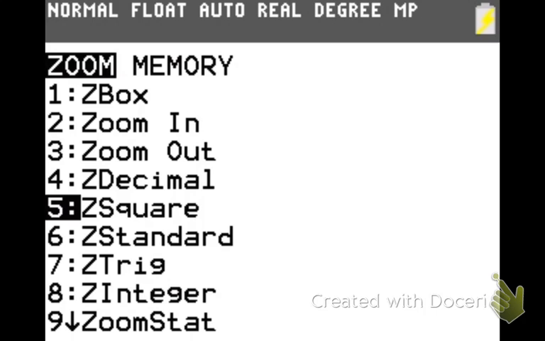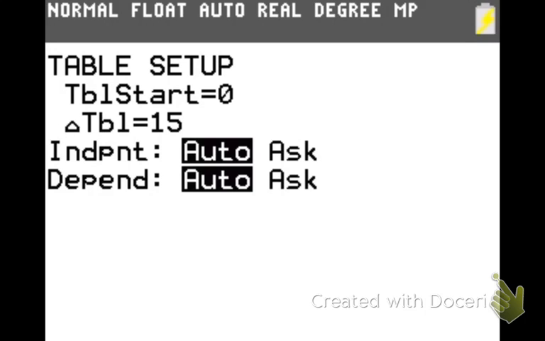So if it's at zoom square, it's going to square everything up and look the correct way. And then last, we're going to go to our table setup, and we want our table to start at 0, but the change in table to be 15, so that when I look in the table in a second, I'm not seeing every degree listed one at a time. It's going to go from 0, 15, 30, etc.